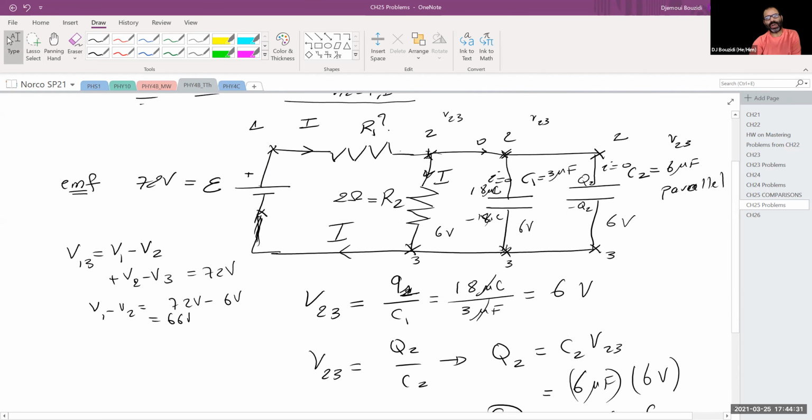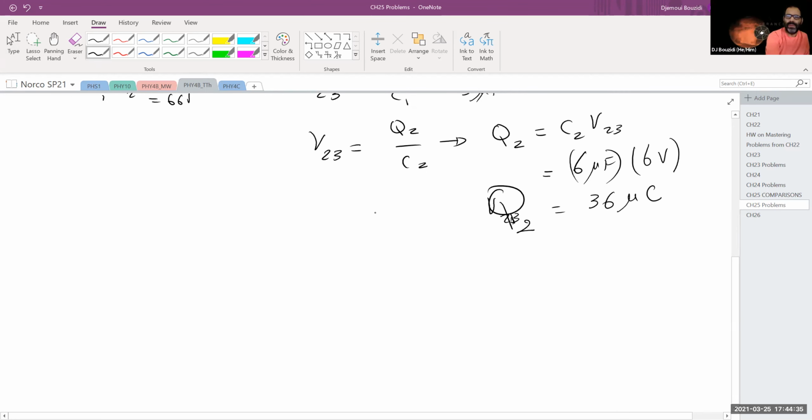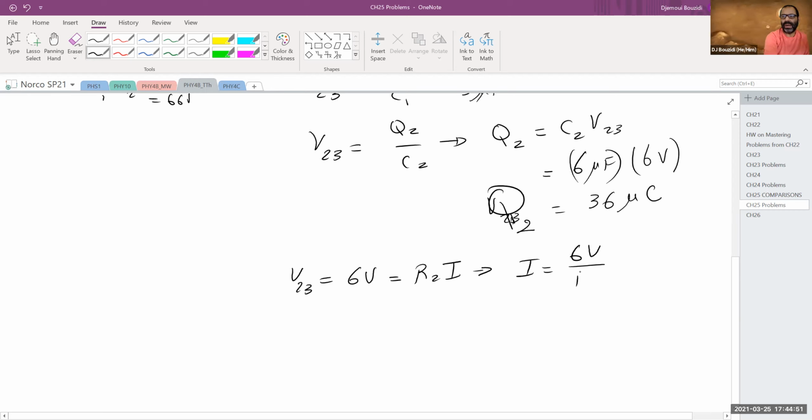But I know what the voltage drop between 2 and 3 is. So again, one more time, V23, which is 6 volts, by the way, is also equal to R2 times I. That means that I must be equal to 6 volts divided by R2.